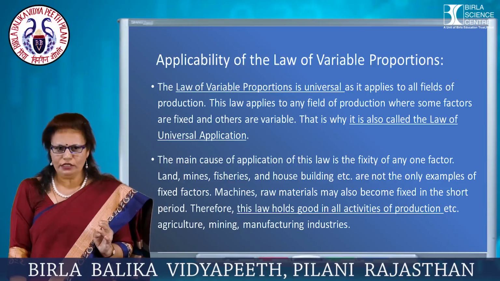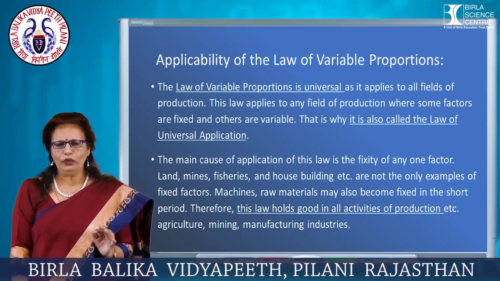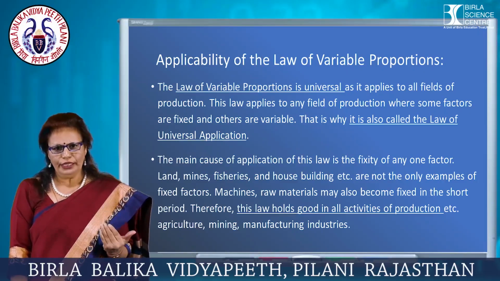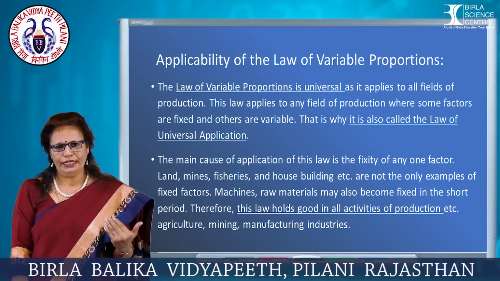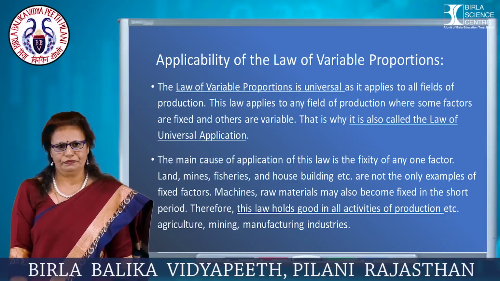Land, mines, fisheries, and house building, etc., are not the only examples of fixed factors. Machines and raw materials may also become fixed in the short period. Therefore, this law holds good in all activities of production, such as agriculture, mining, manufacturing, and industries.